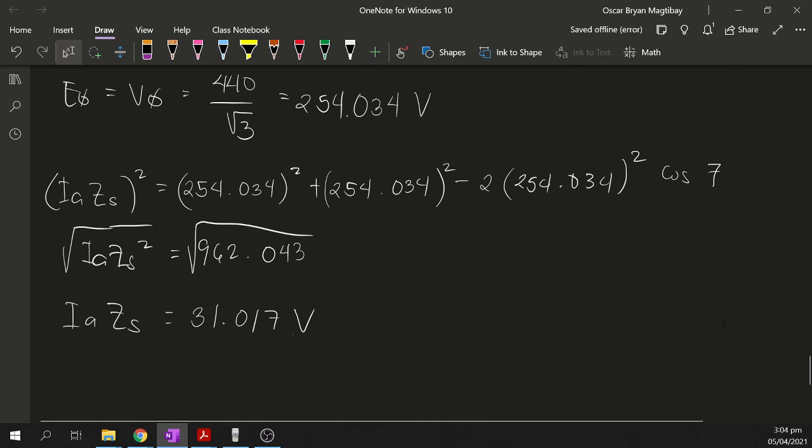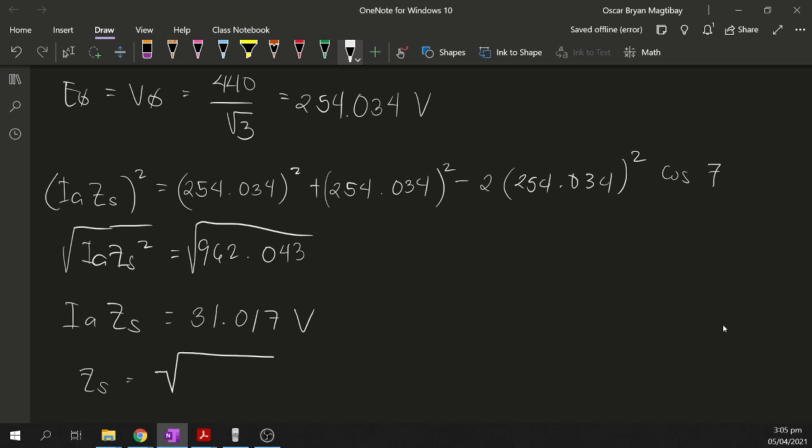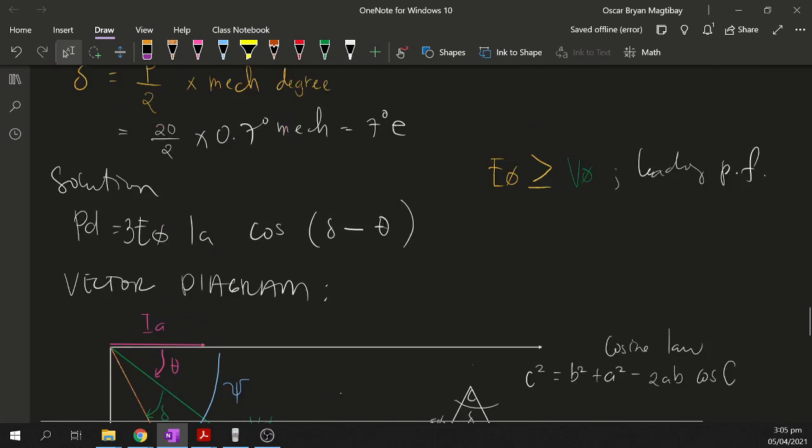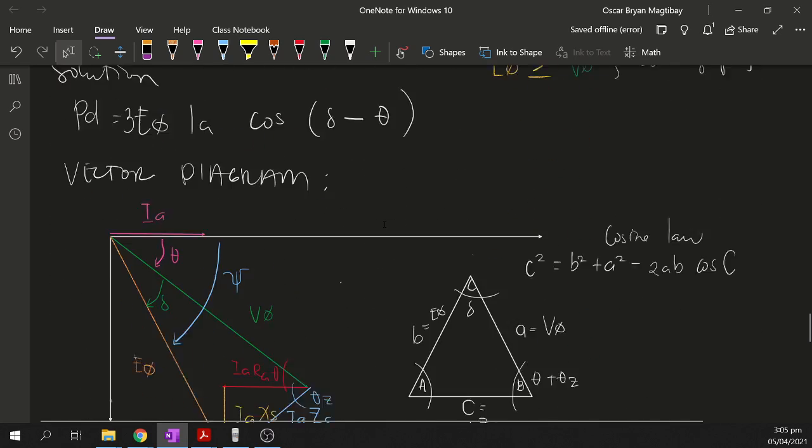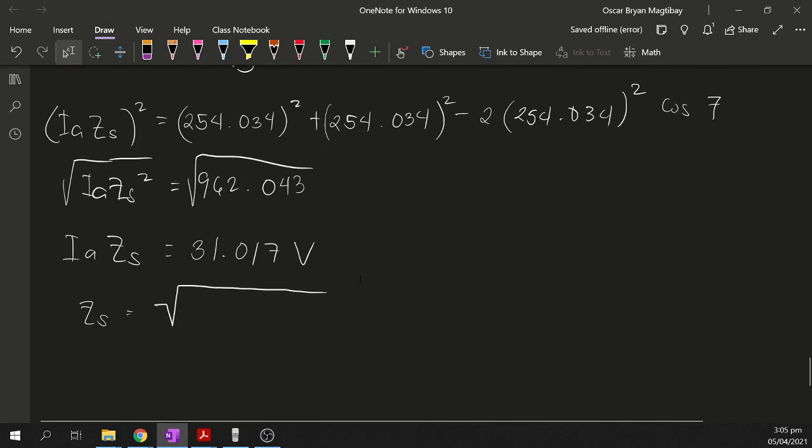Now, we need to get for IA. Paano natin makuha si IA? Kuhanin muna natin si ZS. ZS is equal to what? Square root of RA squared plus XS squared.